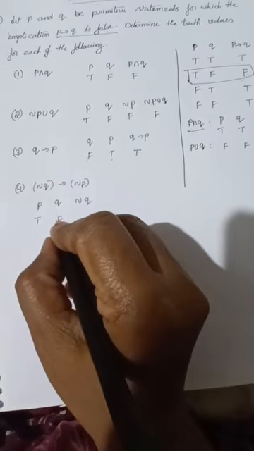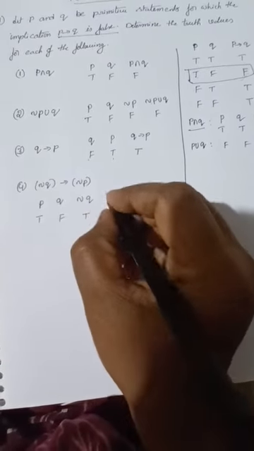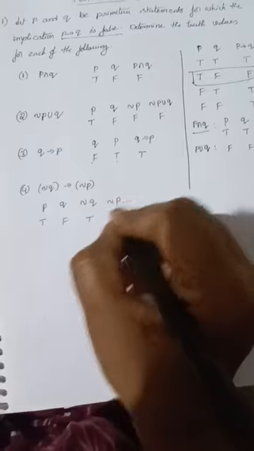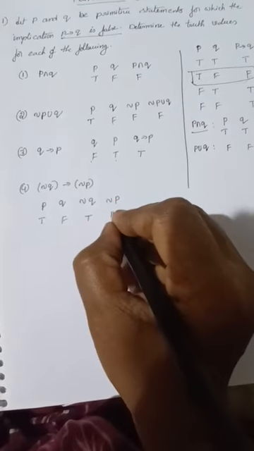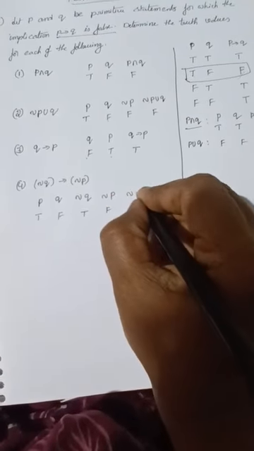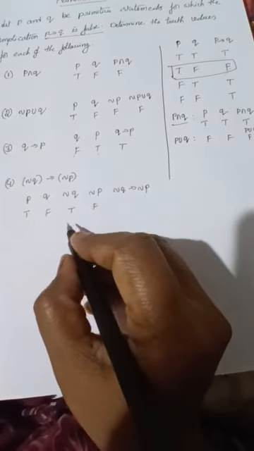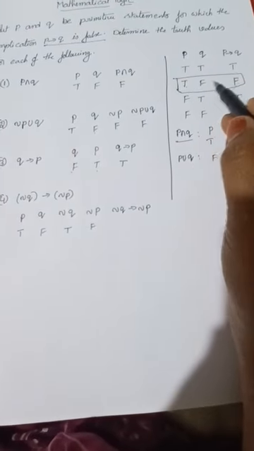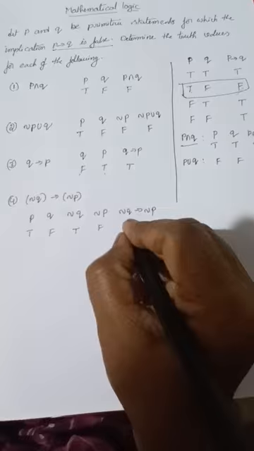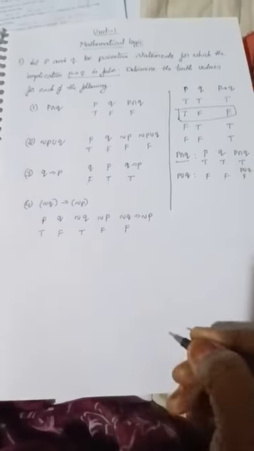Negation Q, opposite to false, is true. And again negation P, opposite to true, is false. Now I'll write negation Q implies negation P. See here, true, false. See, status true, false. Result is false only, na? Right. This is the solution of the problem.